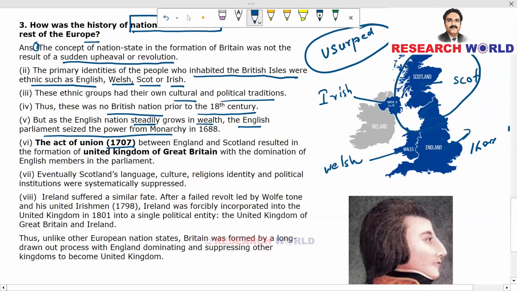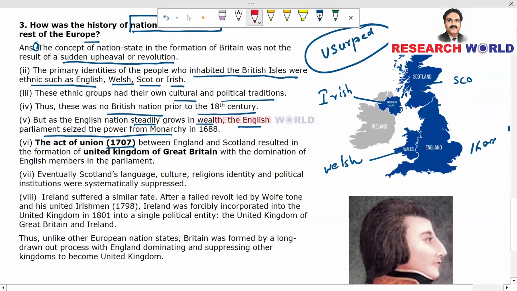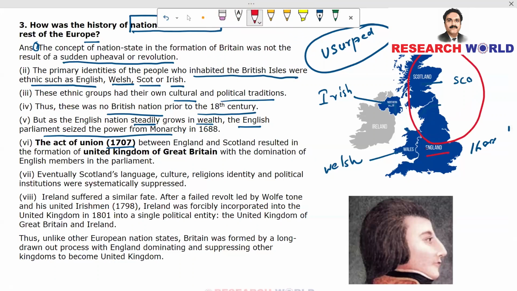Okay, so it was the domination of English members in the parliament. So they got into an agreement. England and Scotland got into an agreement. However, England became the dominant member, even though it is considered as United Kingdom of Great Britain. Domination was from the English members.